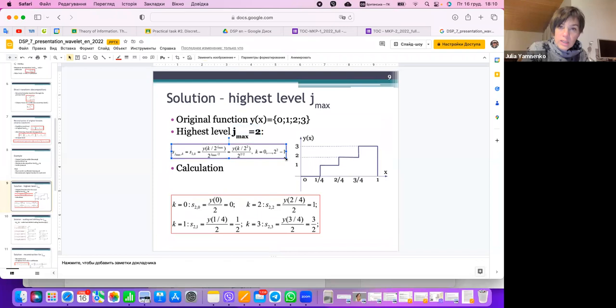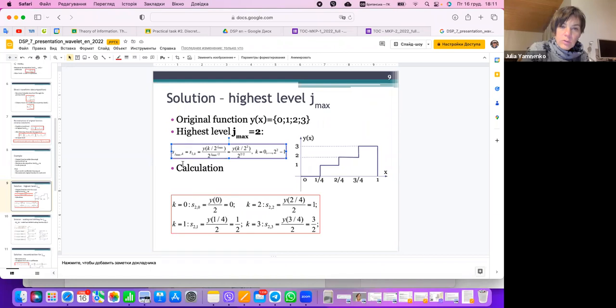We know that for the Haar wavelet, at the maximum level of decomposition, only at the maximum level, we have to calculate only S coefficients, not D, only S. For all other levels, we will calculate S and D, two types of coefficients, but for the maximum, only S.